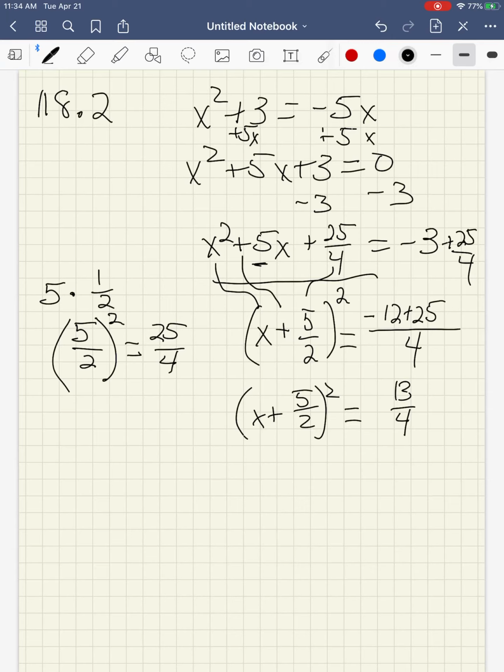Now what? How do we get rid of this square right here? That's right, we take the square root of both sides. X plus 5/2 equals plus or minus the square root of 13/4.